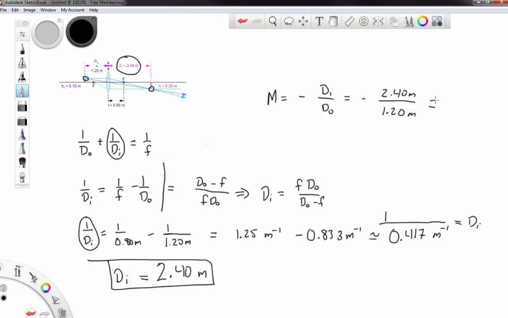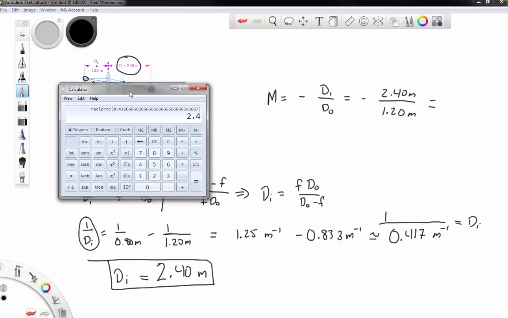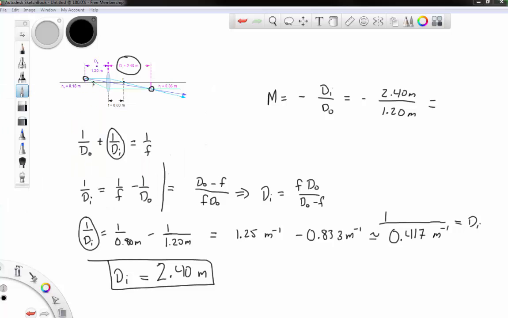So some of you may need to use a calculator to do that. Others maybe see that it's actually pretty straightforward, should be 2. So this gives us negative 2.00. So our magnification is negative 2.0.